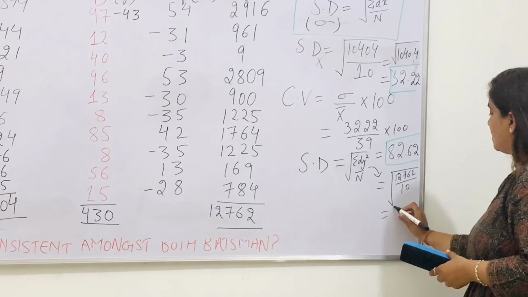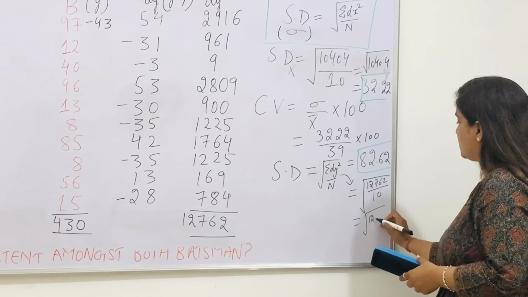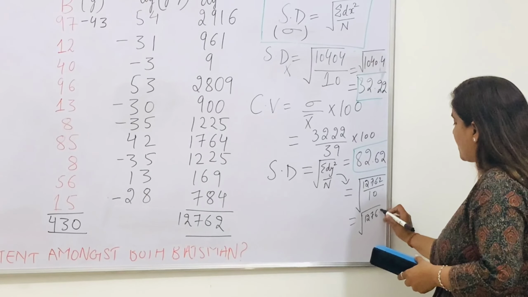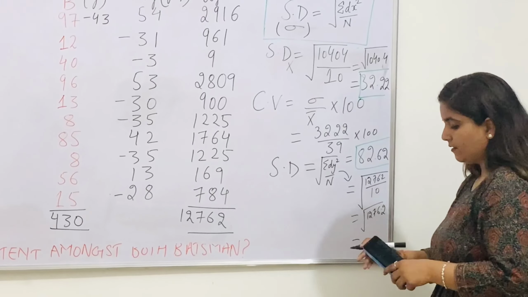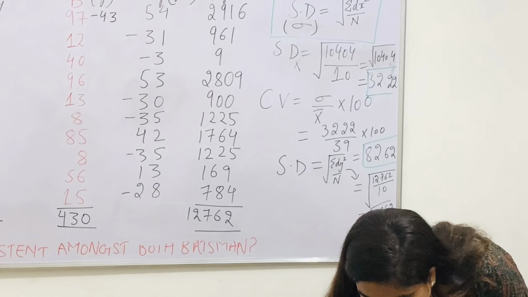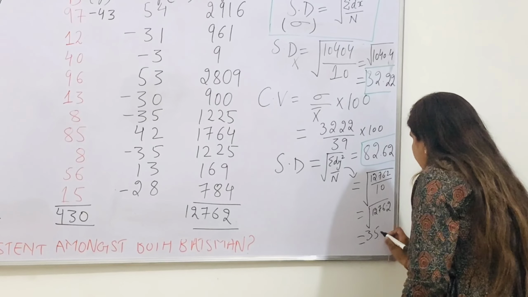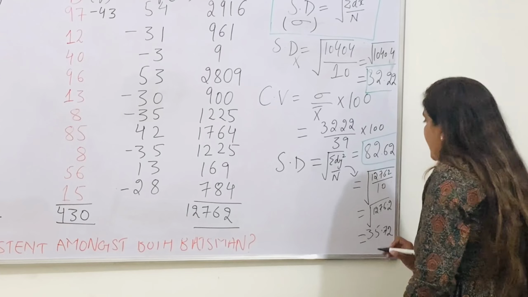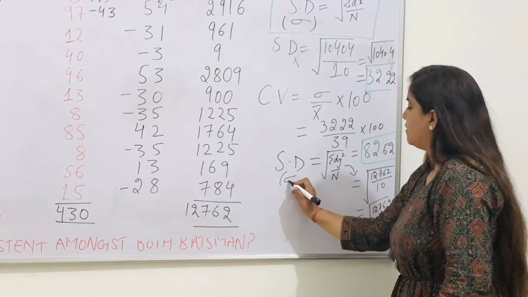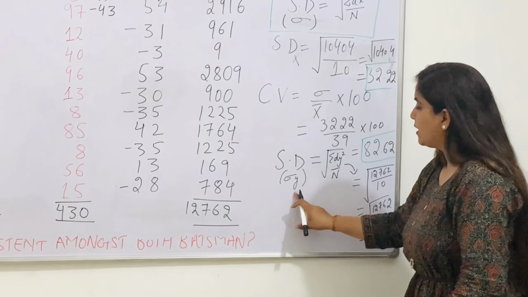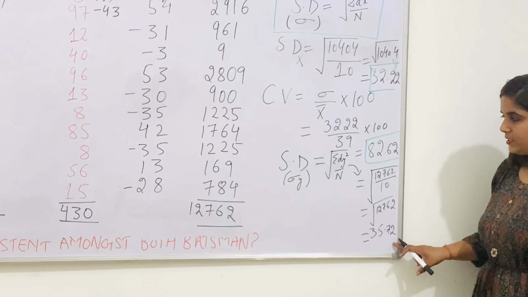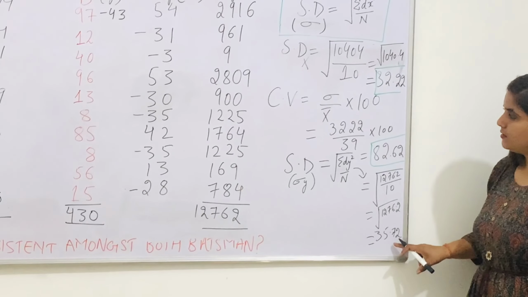It is 1276.2, and by solving we get the answer as 35.72. So sigma related to Y, the second batsman, is 35.72. And now we will find CV.